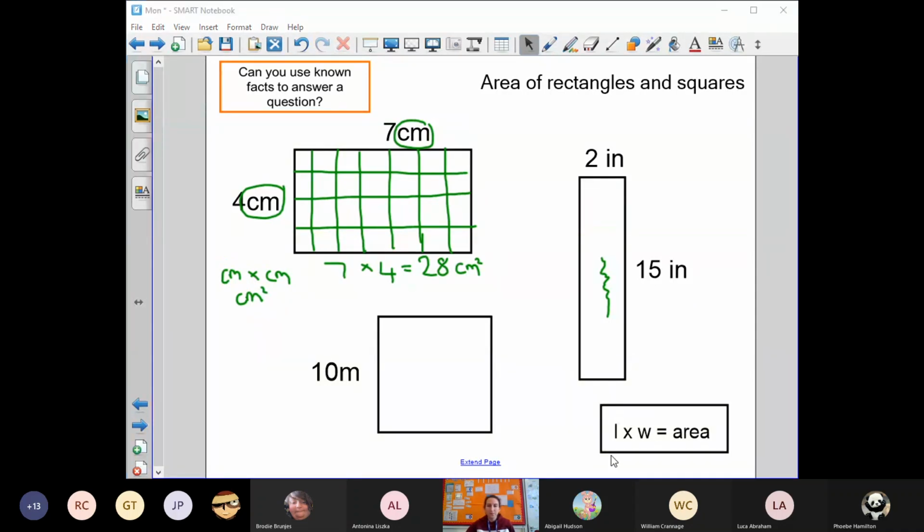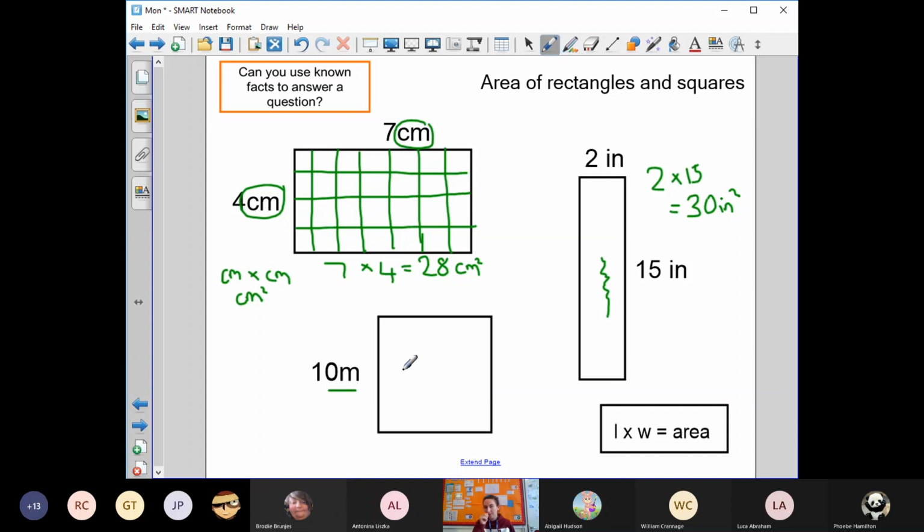Well done, brilliant. Well done, excellent. So I'd have to do 2 inches times by 15 inches, which would end up being 30 inches squared. Okay, brilliant.